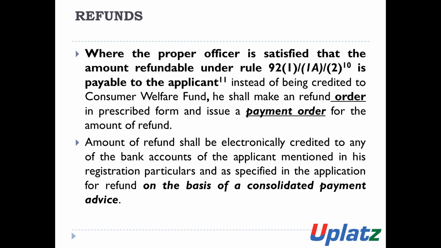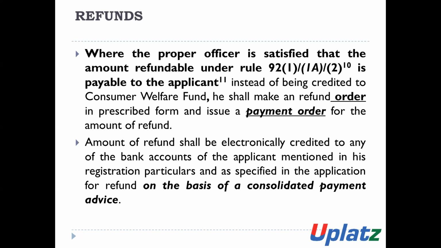Where the proper officer is satisfied that the amount which is refundable under Rule 92, Sub-rule 1, Sub-rule 1A and Sub-rule 2 is payable to the applicant, then the proper officer will not credit such amount to the consumer welfare fund.